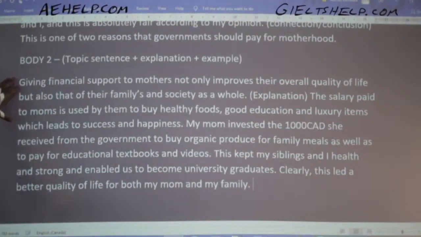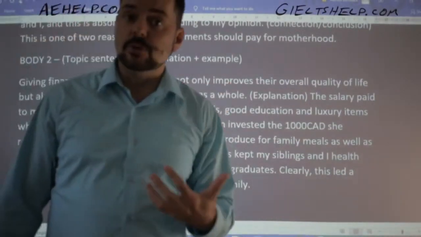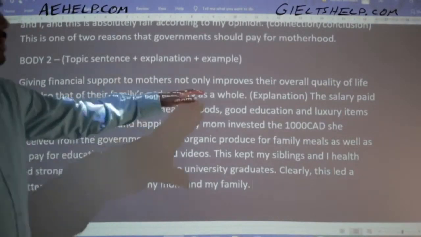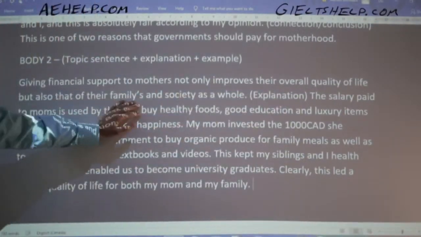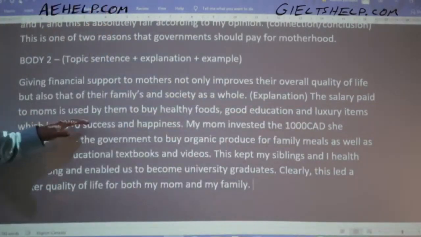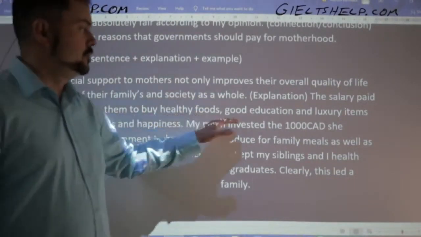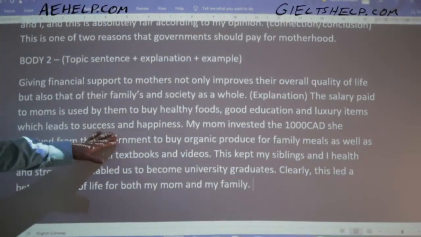So here is my second body paragraph from start to finish. And once again, I'm going to read it and review it for accuracy. Okay. So giving financial support to mothers not only improves their overall quality of life, but also that of their families and society as a whole. The salary paid to moms is used by them to buy healthy foods, good education, and luxury items, which leads to success and happiness.